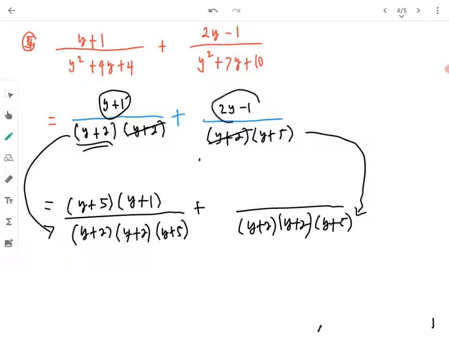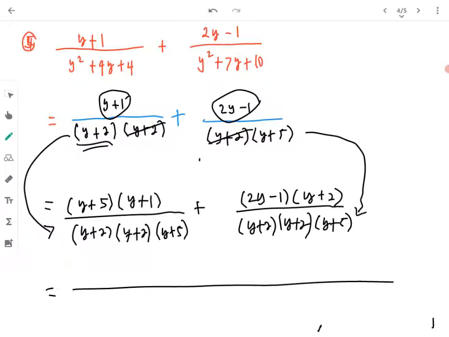We will also multiply this by y plus 2. Then, since this is plus, we can just make it as one fraction. So since y plus 2 squared in our final answer, we can just say y plus 2 squared then times y plus 5, or y plus 5 then y plus 2 squared.